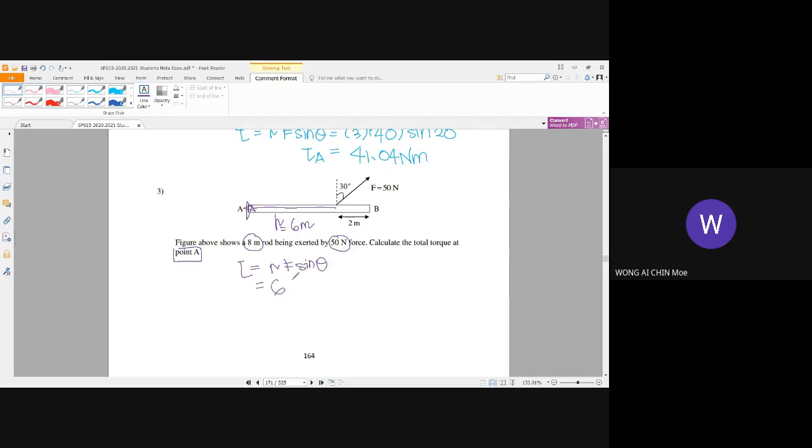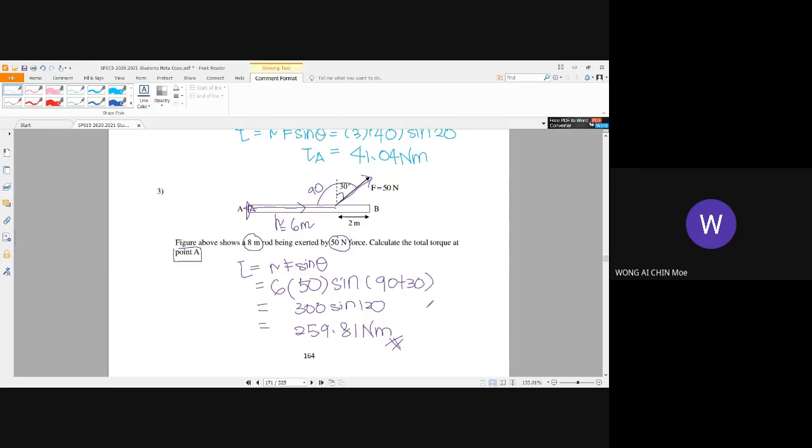R is 6 meter, F is 50 Newton. Sine angle must be between R and also F. So this is the total angle, 90 plus 30. So 6 times 50 sine 120, you will get 259.81 Newton meter.